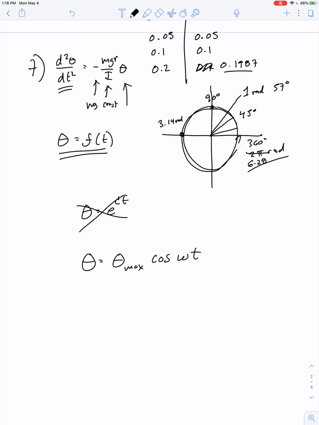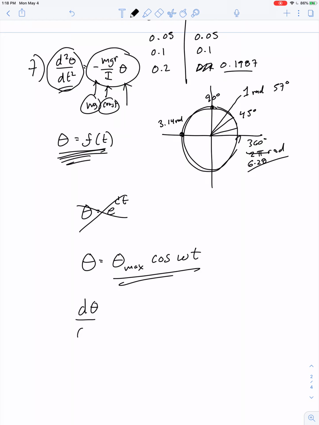Cosine omega t. Well, let's see if taking the second derivative of that expression gives us a negative constant times this expression itself. So let's take the first derivative. d theta dt is equal to negative omega theta max sine omega t.